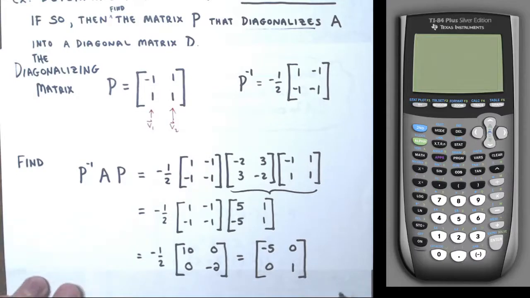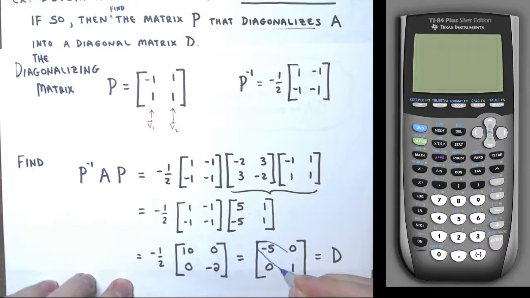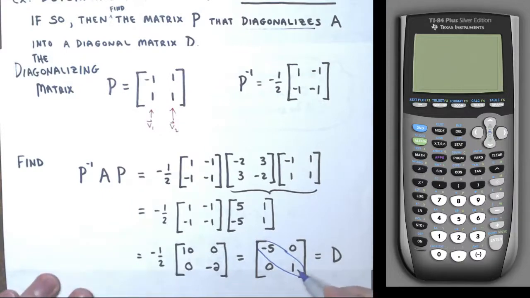Look at that. That's the D. That's a diagonal matrix: only non-zero entries show up on the main diagonal, and there are zeros everywhere else. And look at these. These are the eigenvalues of A.